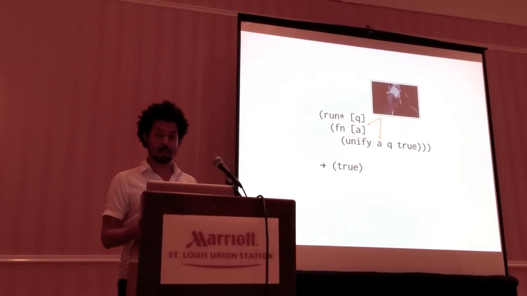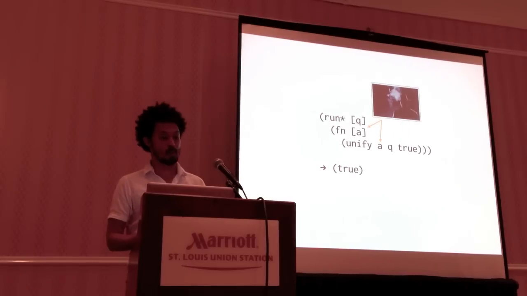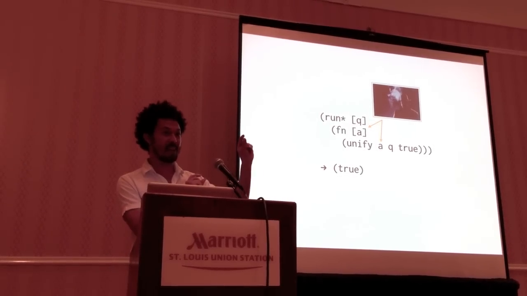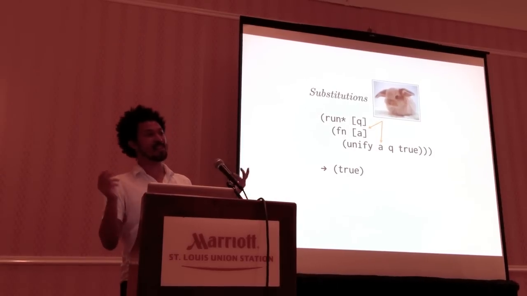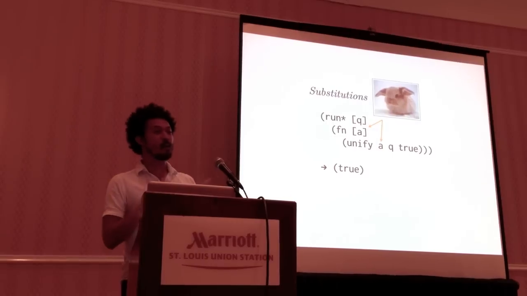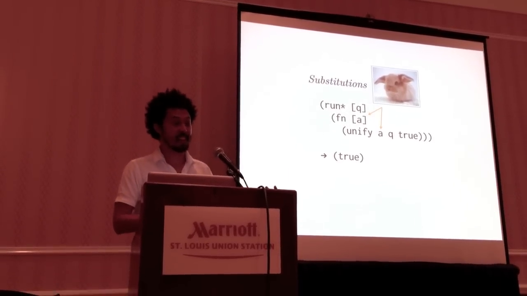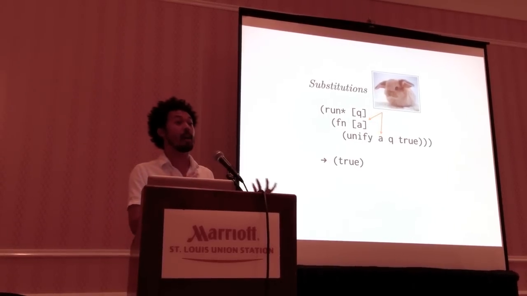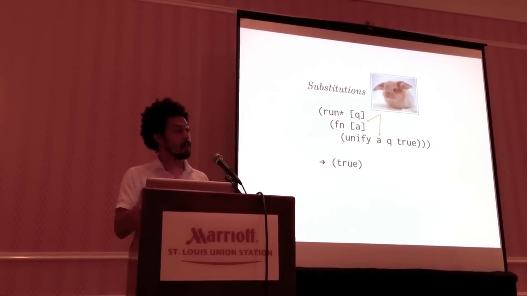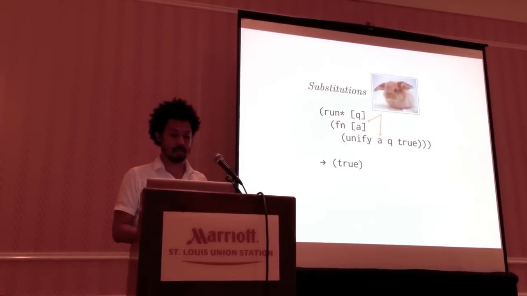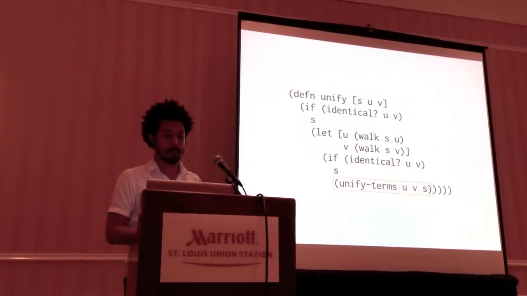It's going to unify Q and true, and this mysterious argument A that I talked about is actually our friend, the substitution. All goals simply take the substitution map and they either extend it, return nil, or return it unchanged. That's literally all there is to the nature of goals. So Q and true are those terms that I was talking about.